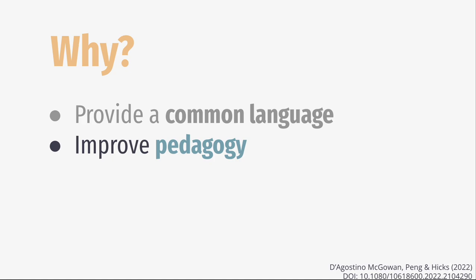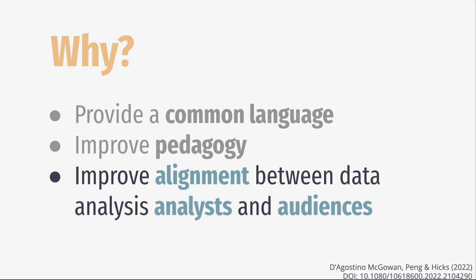I think we do a pretty good job of teaching them those flow charts so they can sort of see, okay, if I have continuous data and it's approximately normally distributed, then maybe I can use this type of test. But I don't think we do quite as good of a job at this moment at teaching them the whole design process, thinking about who's going to actually look at your analysis and how you might make choices based on that. And then finally, of course, the topic of this particular talk is that this would be useful to improve alignment between the data analysis analysts and audiences.